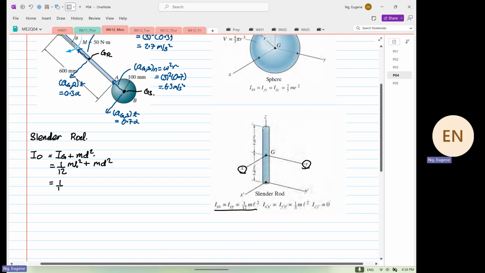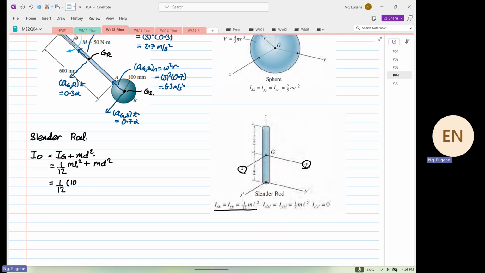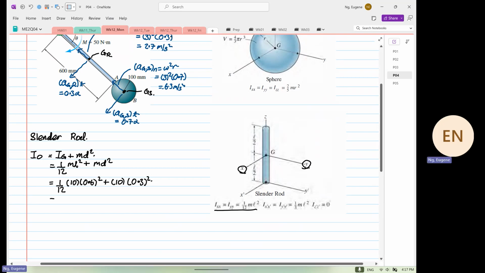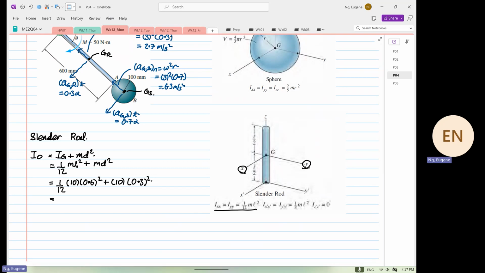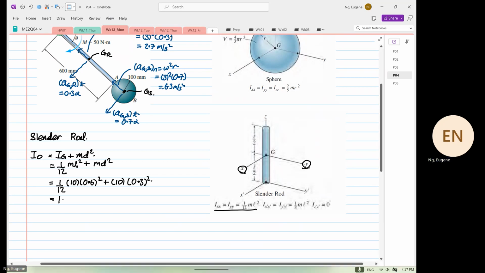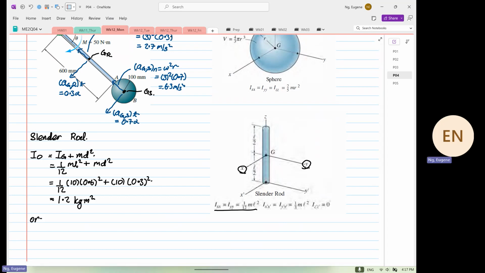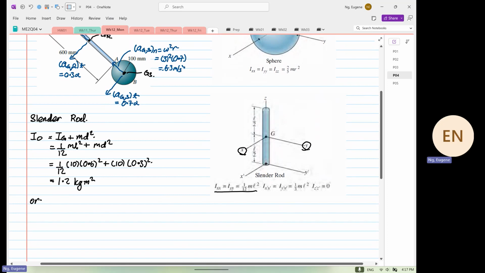So this will be equal to 1 over 12 times the rod, 10 kilograms, times 0.6 squared, plus 10 times d, which is 0.3 squared. This comes out to 1.2 kilogram meter squared.